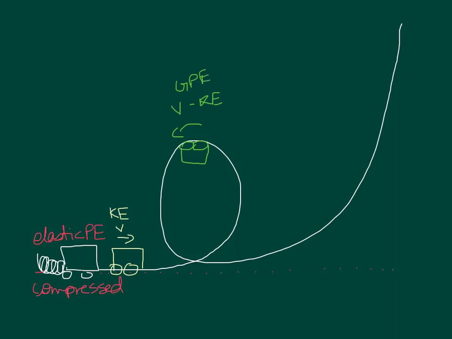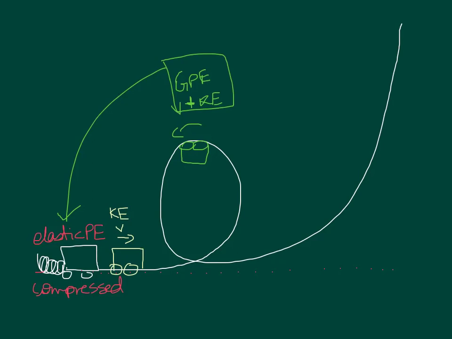Do we have a spring that's just stretched or compressed? No, we don't. So we don't have elastic potential energy. So when we add these two together, it should equal that elastic potential energy we started with.